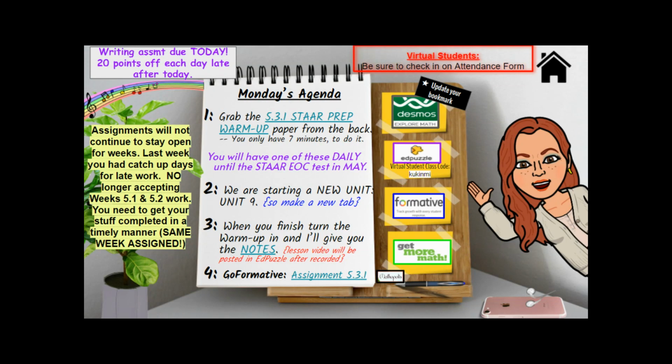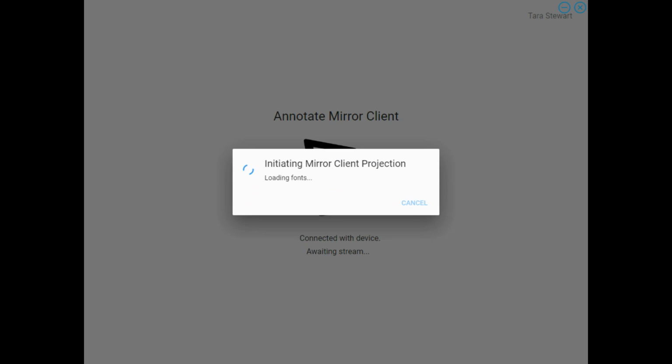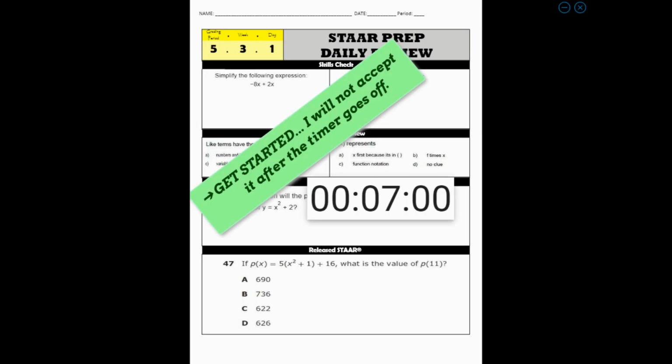Paper at the back. If you did not, you need to get it. Are we going to have COVID? You will only have 7 minutes to complete it. The whole thing?